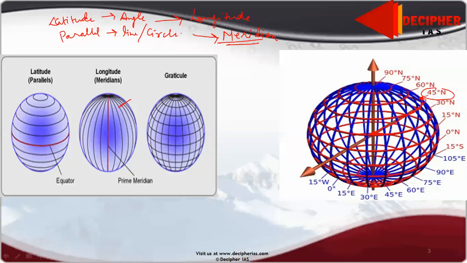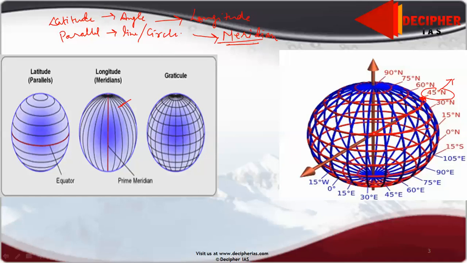So angle is always formed between two lines or two planes. So there is an equatorial plane and the other line is the place where we have to find the location. So this angle will be 45 degree. That's why it is written 45 degree north.